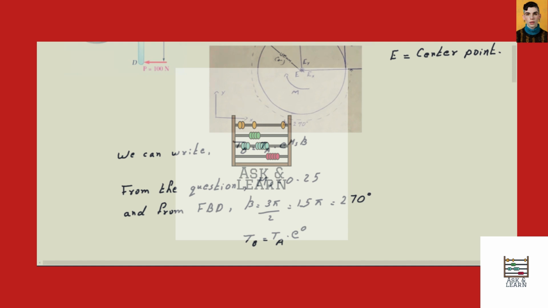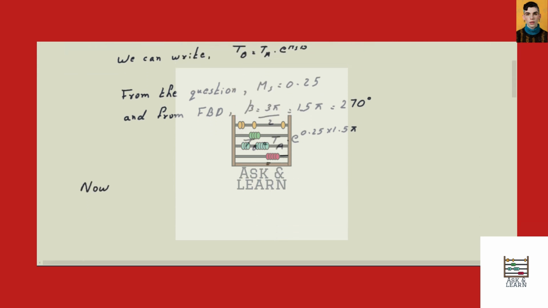That gives TB equal to TA into e raised to mu s into beta, that is 0.25 into 1.5 pi. Let's calculate the value, and we got e raised to 0.25 into 1.5 pi as 3.248. That gives TB equal to TA into 3.248. Let's name this equation number 1.